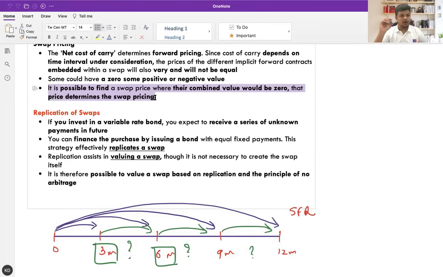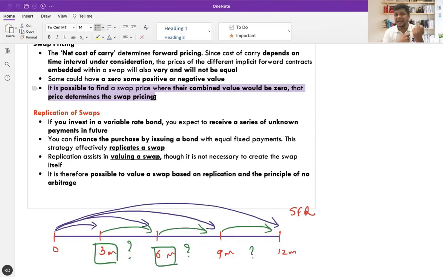When you pay a fixed rate, what happens in a swap? In a plain vanilla swap, you pay something and you receive something.